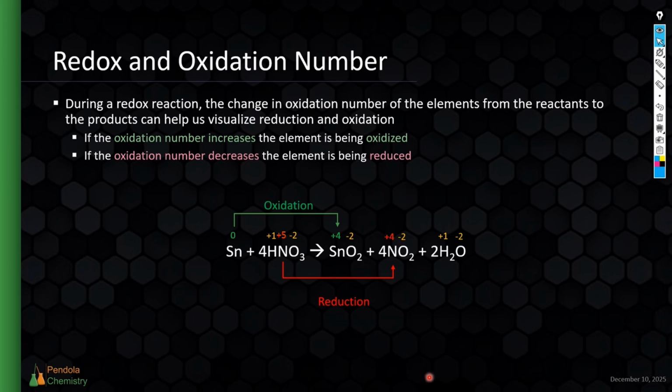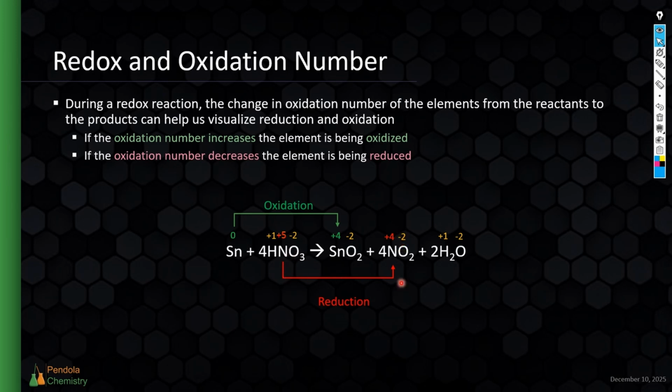So this is how we use oxidation numbers in order to tell which particular elements in an oxidation reduction reaction, or redox reaction, are getting oxidized and which ones are getting reduced, and which ones are staying the same, meaning that they're undergoing neither process. So tin is getting oxidized, meaning it's losing electrons, and those electrons are going to be transferred to the nitrogen, which is getting reduced because the oxidation number goes down.